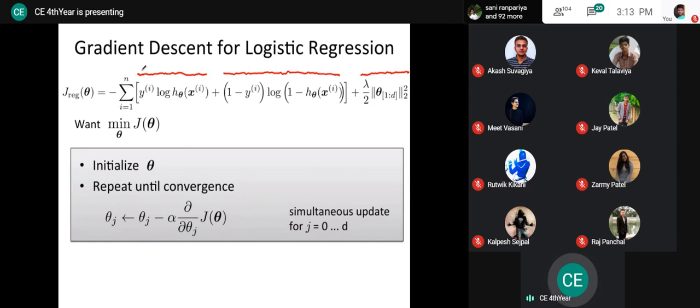Next, for the gradient descent, we know that the parameter update equation we were writing is: theta j equals the previous value, that is the old value, minus alpha times the partial derivative of J of theta.